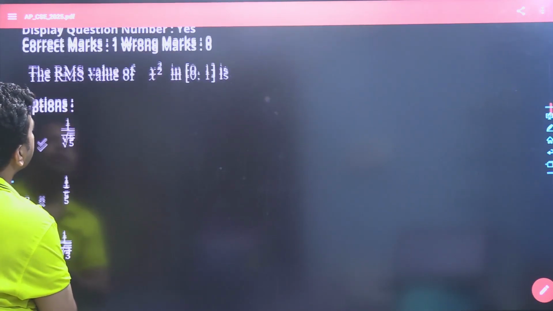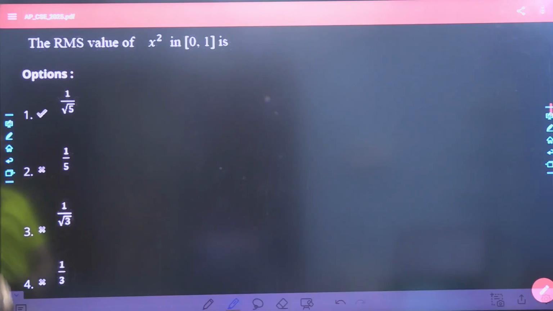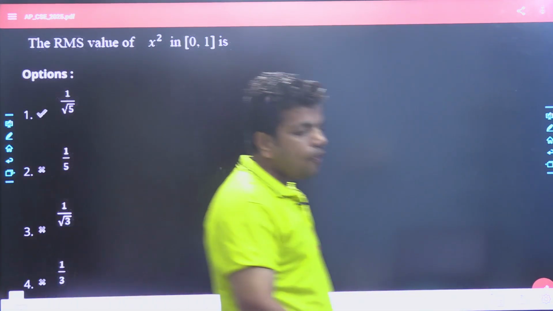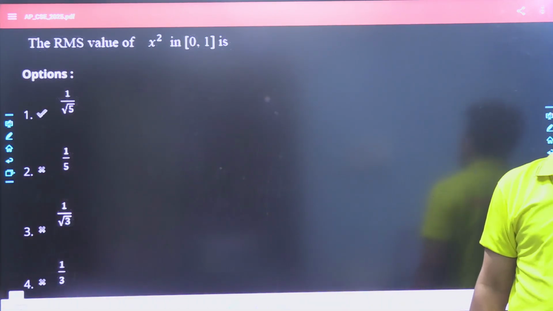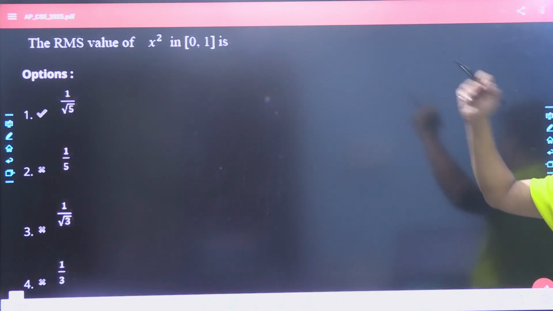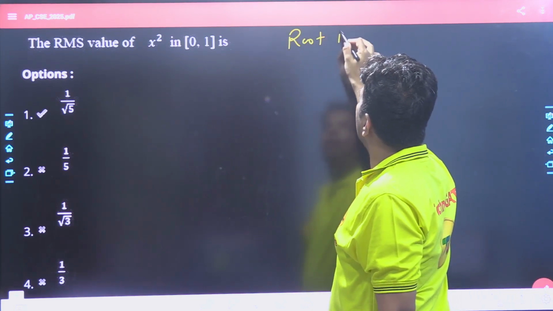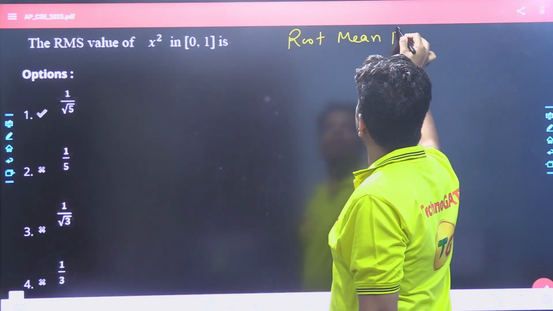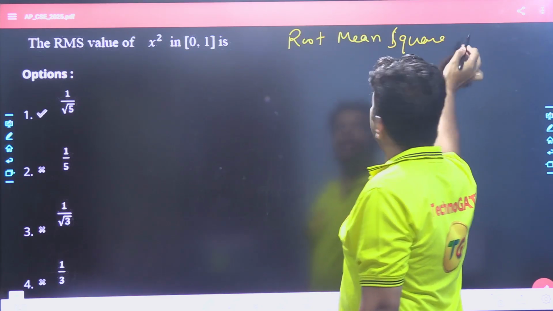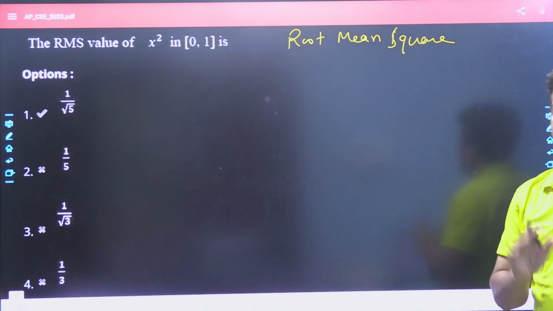Question number 43. We need to find out the RMS value of x square in the interval from 0 to 1. RMS means root mean square, so you need to find the root mean square value. There is a direct formula for that.